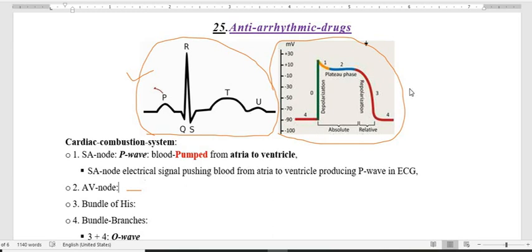So the action potential generated in the cardiac myocyte, particularly the ventricular myocyte, is represented in the form of the ECG. The difference between these two is that the ECG represents the whole ventricular cells, whereas this is only one action potential.